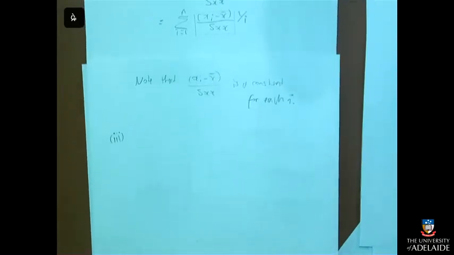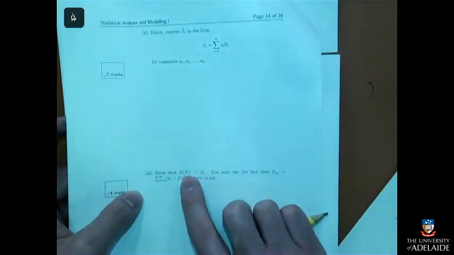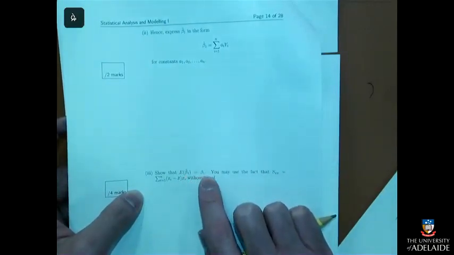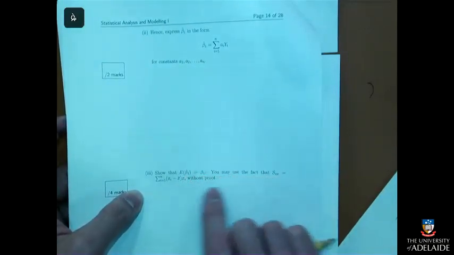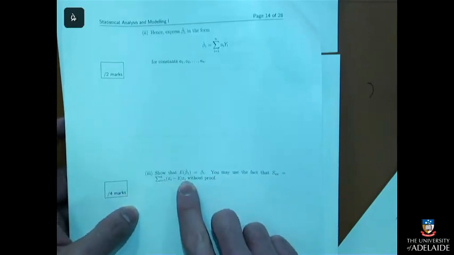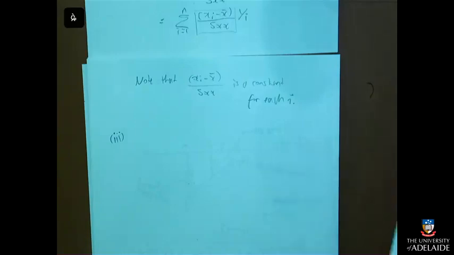Part 3. Show that the expected value of beta 1 hat is beta 1. You may use the fact that Sxx is that without proof. Okay, sure. Let's see.